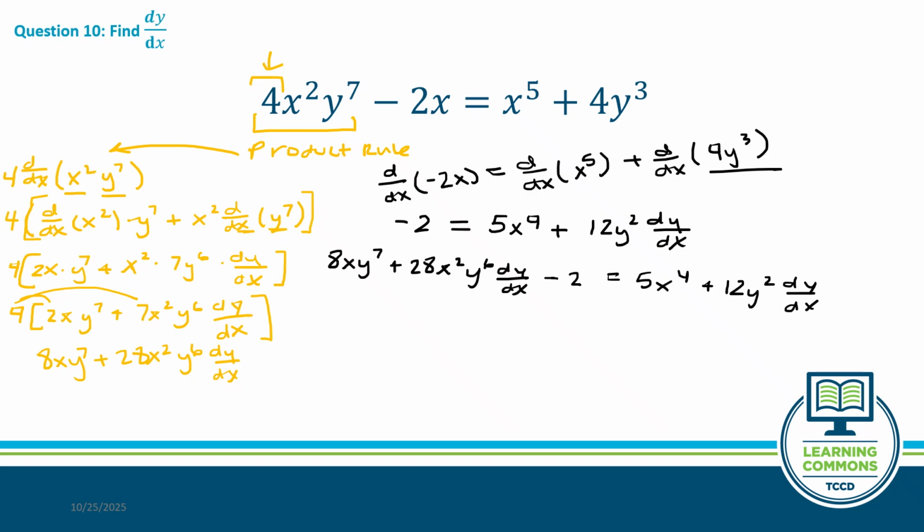Okay, so now I need to get dy dx's on one side and everything else on the other side. To do this, I am going to move 5x to the 4th over to this side, and I'm going to take this 28x squared y to the 6th dy dx, and I'm going to move it over to the other side. And that's just because I want to do the least amount of moving and shaking as possible.